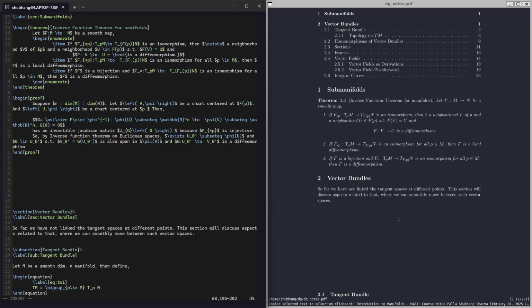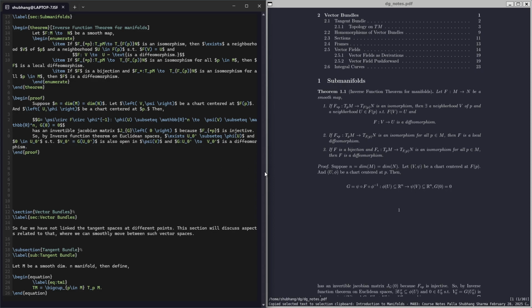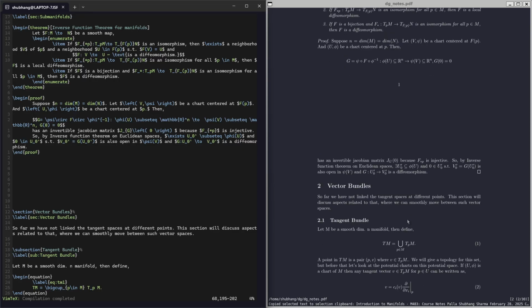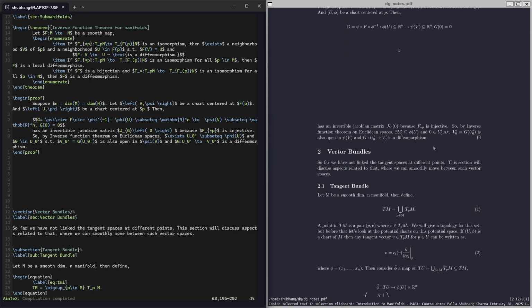This is the standard Euclidean space thing. Cool.